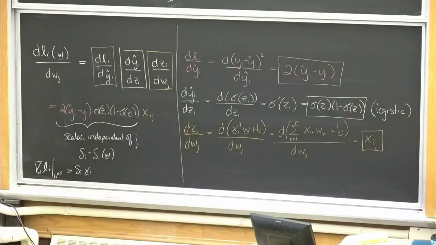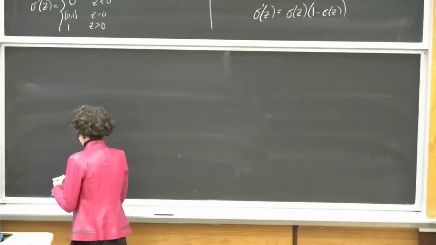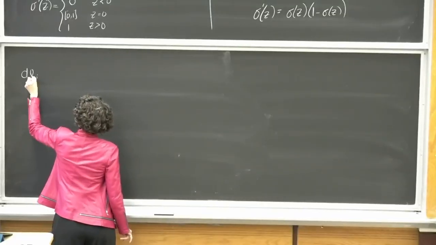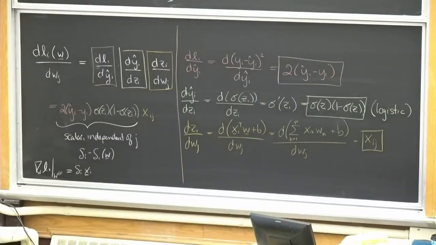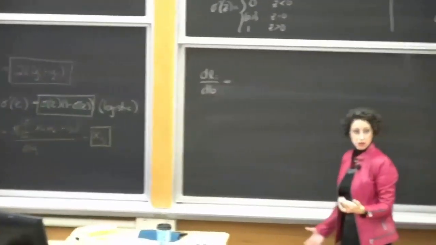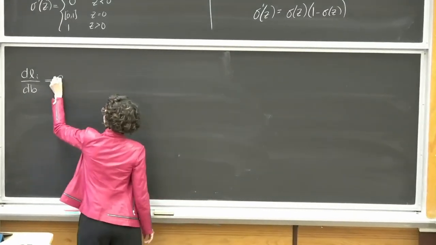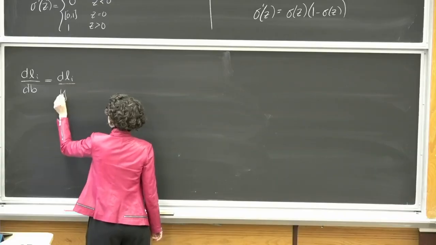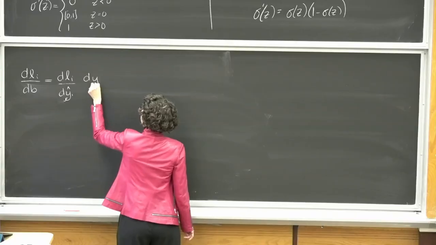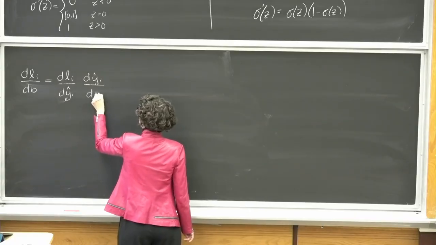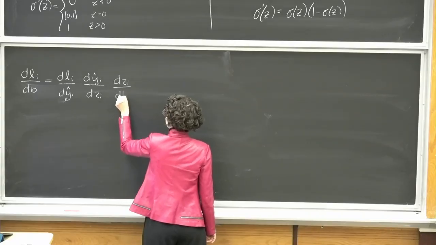Okay, so now let's bring it home. We also need the derivative of Li with respect to b. And so this is going to have some components related to what we just did with derivatives with respect to w. We're going to have the derivative of Li with respect to yi hat, and then the derivative of yi hat with respect to zi, and then the derivative of zi with respect to b.